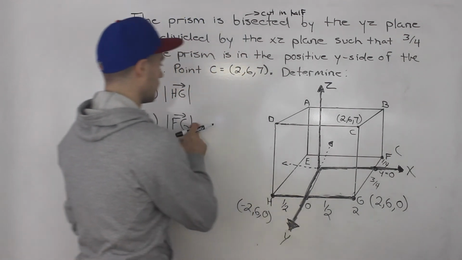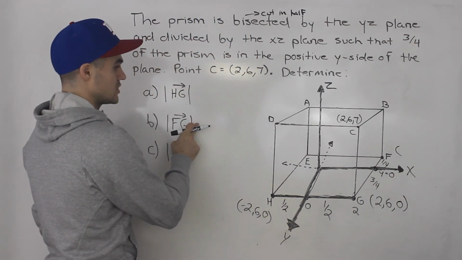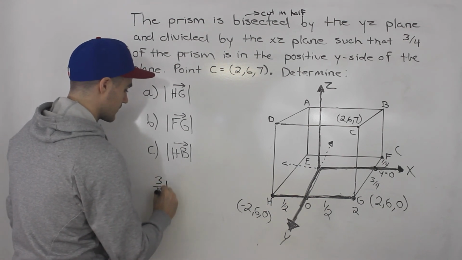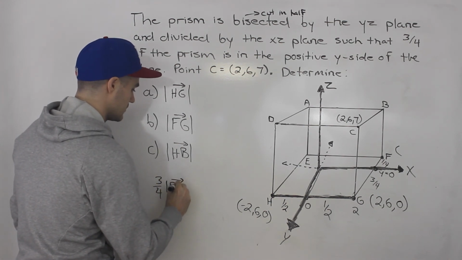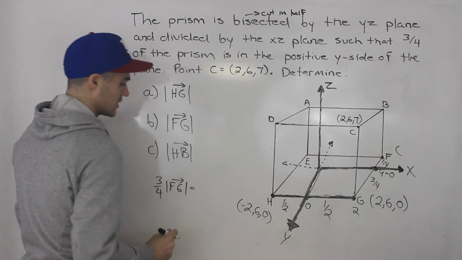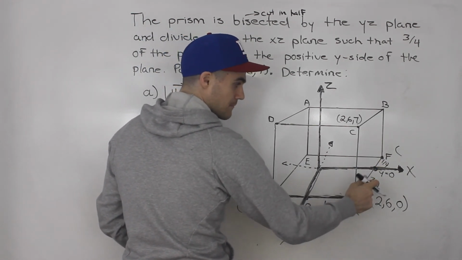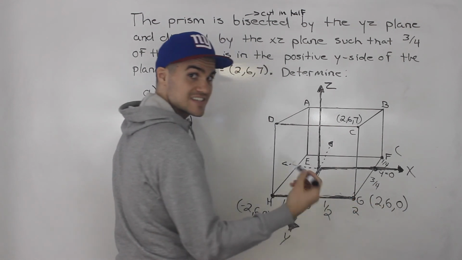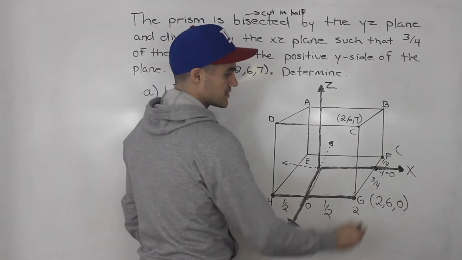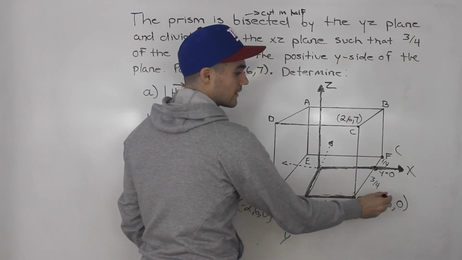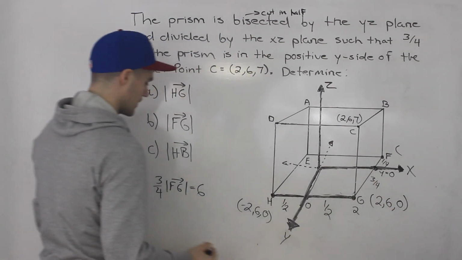So we can figure out the magnitude of FG pretty easily. 3/4 of the magnitude of FG is going to have a length of 6, because from this point where the y value is 0 to this point G where the y value is 6, that length is 6.